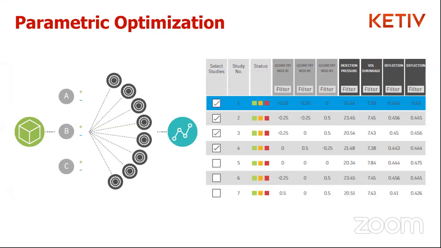For each parameter, you can specify that range, whether it is wall thickness, cooling channel, the location of the cooling channels, gate sizes, etc.